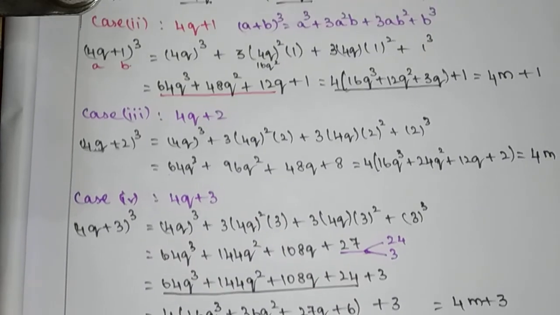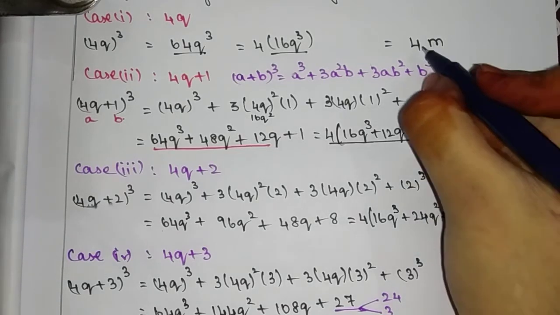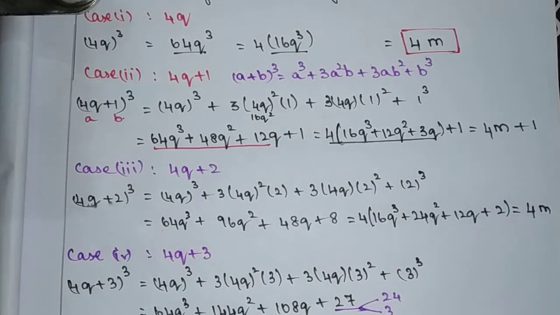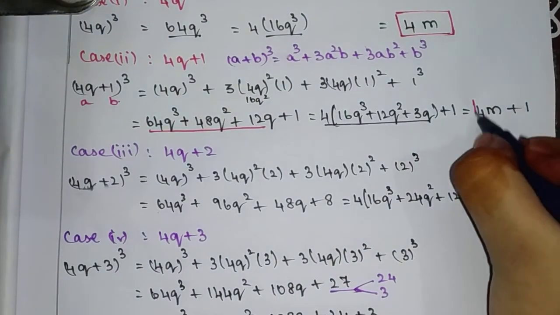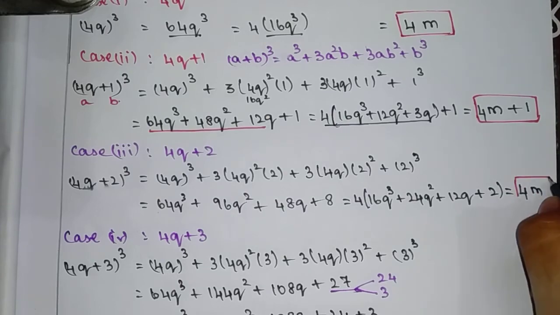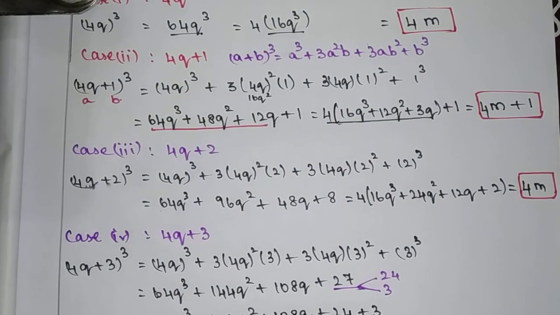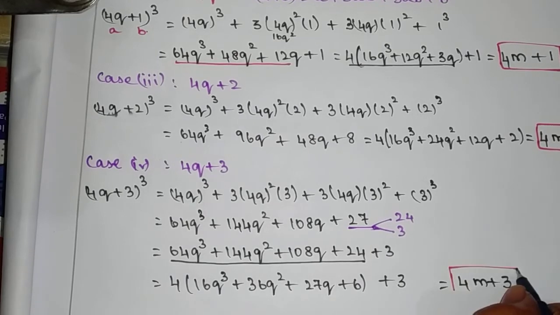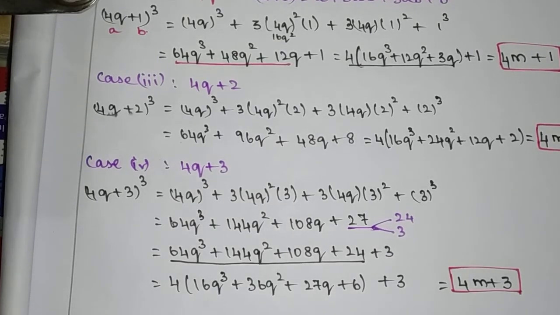Now see here, in the first case we got 4m, and in the second case 4m plus 1, in the third one 4m, and in the last case 4m plus 3.